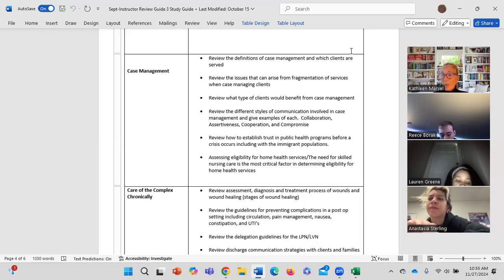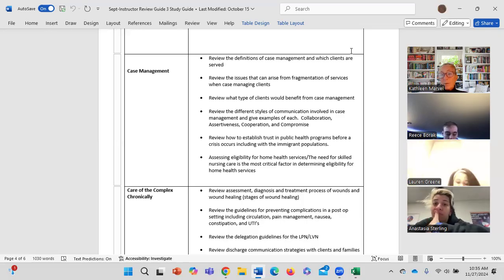Because those types of clients do rely on numerous resources, may require numerous medications, may need numerous hospitalizations or whatever their treatment regimen is. So case managers help to coordinate all that care.